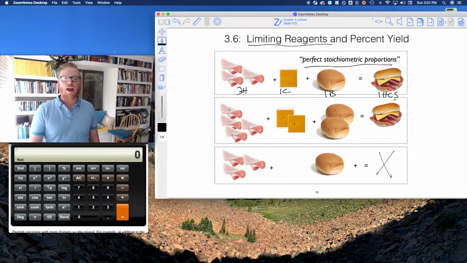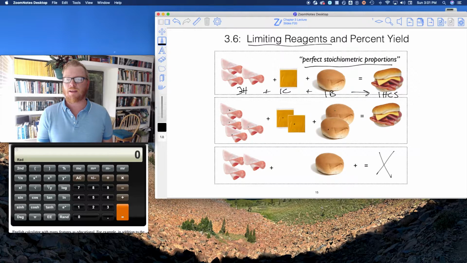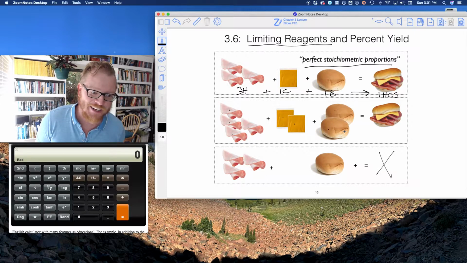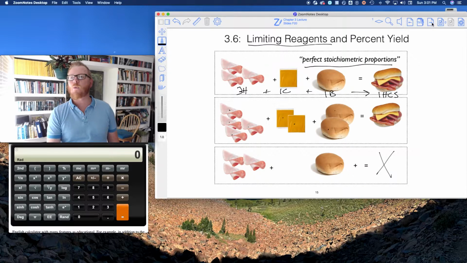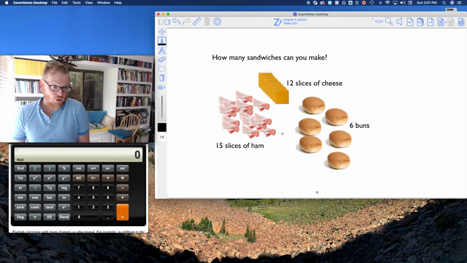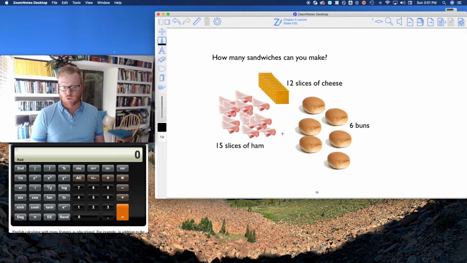So that's our chemical reaction, right? We could think of 3H plus 1C plus 1B makes 1 HCS, 1 ham cheese sandwich, okay? So now when I go and I've got all of these materials, what can I do? Well, let's see how many sandwiches we can make from the ham, right?